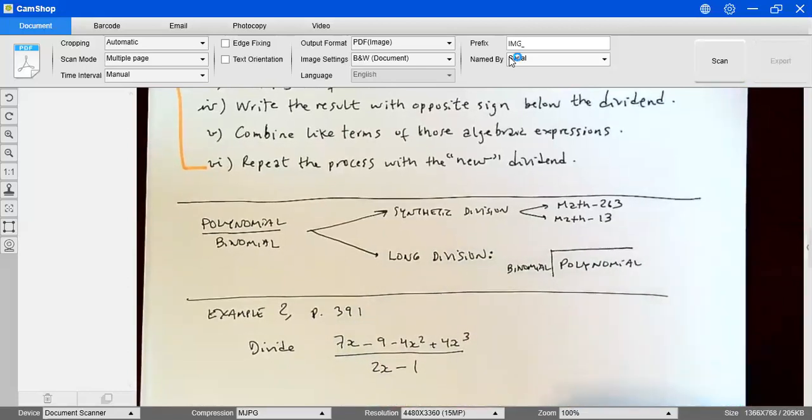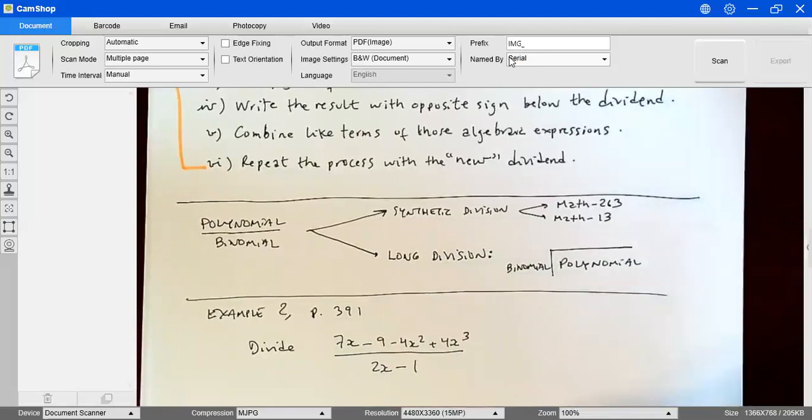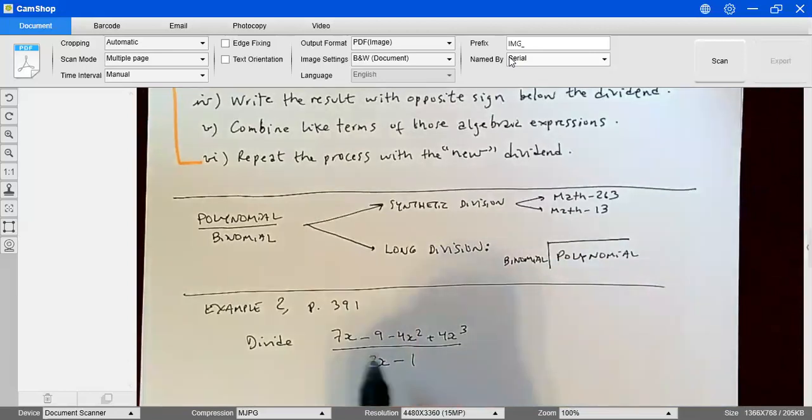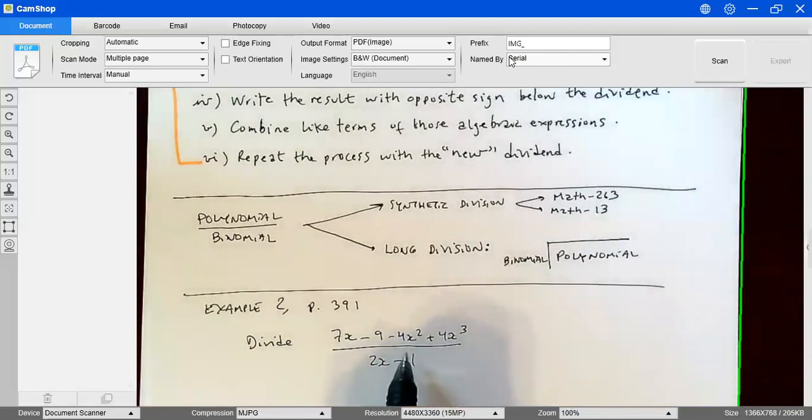Before writing the fraction by using a division box, we need to arrange both the numerator and the denominator in descending powers of the variable, in this case, descending powers of x.